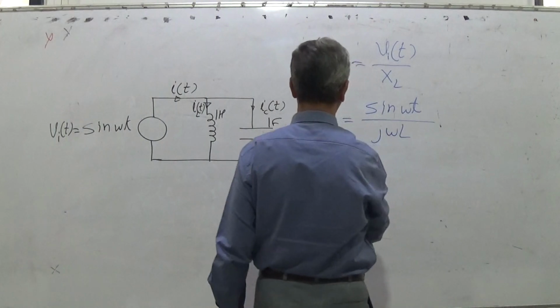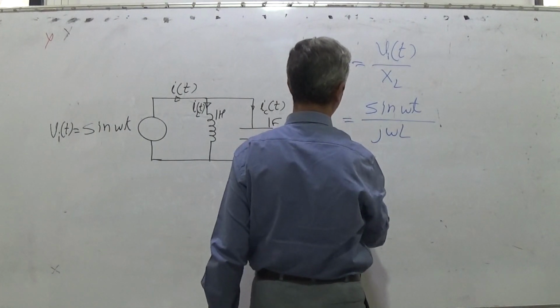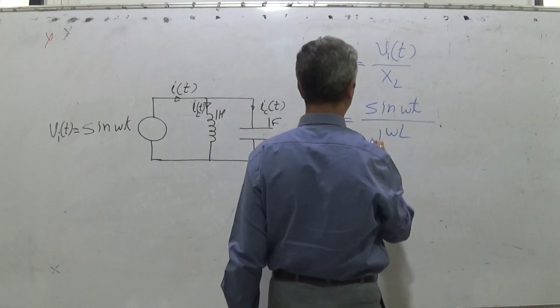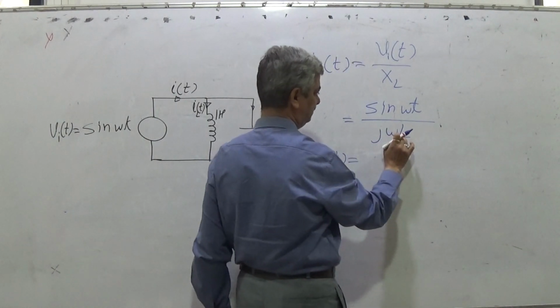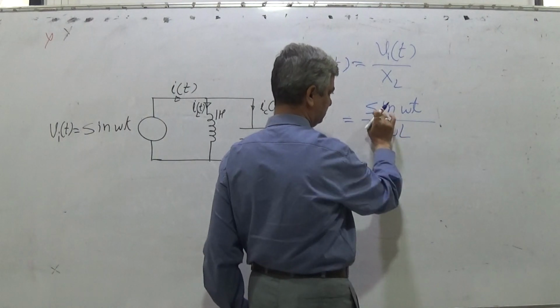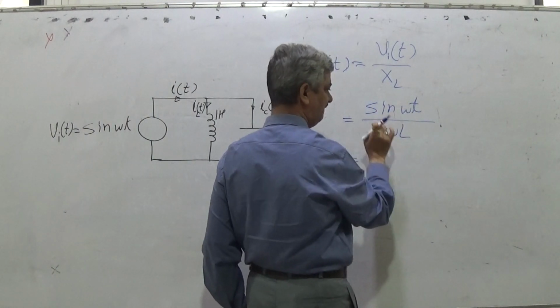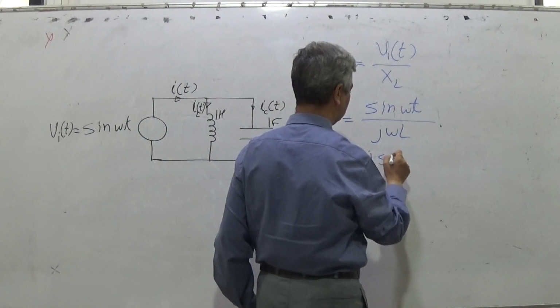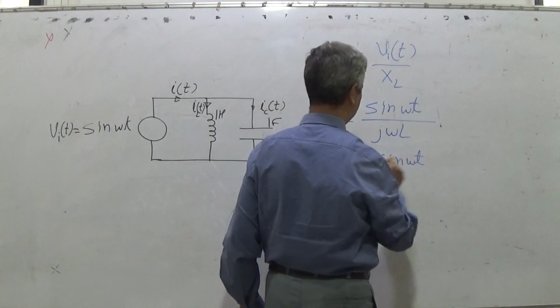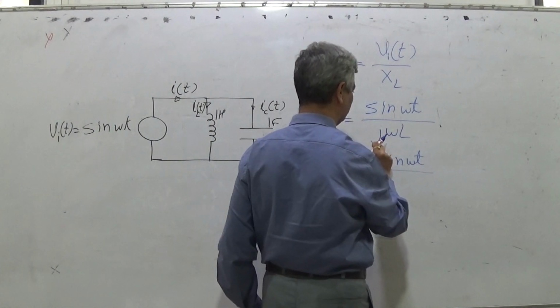So ILT is equal to sine omega T upon J omega, multiplying numerator and denominator by J, J sine omega T upon J square omega, J square is minus 1.